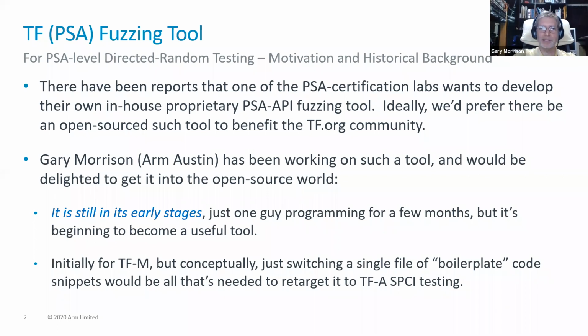So that's what we finally put into the TFM release in, I think it was in March, the 1.0 release. And this particular tool is kind of in its early stages. It's basically just been me working on it for a few months, but it's starting to become a useful tool.